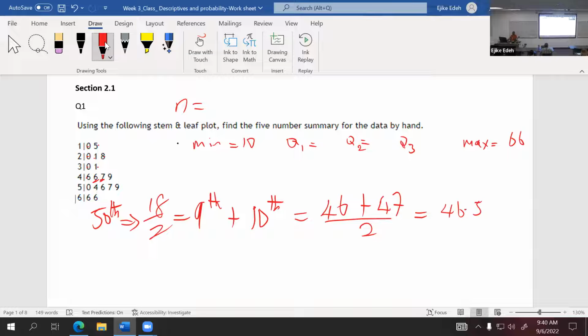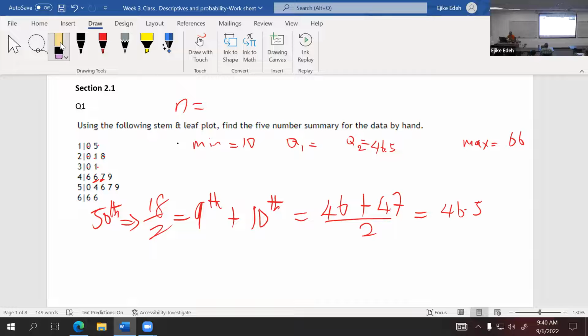Right? But if I have divided this and I got 9.5 or something in fraction, I could round up to get the next value. So I think we'll see that when we do the other quartile. So my answer here will be 46.5. Any question about this?